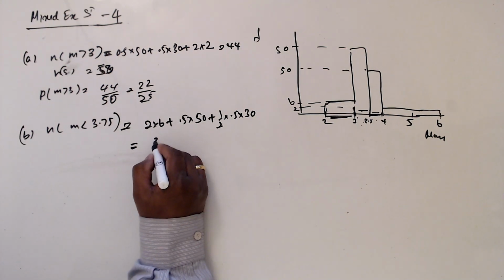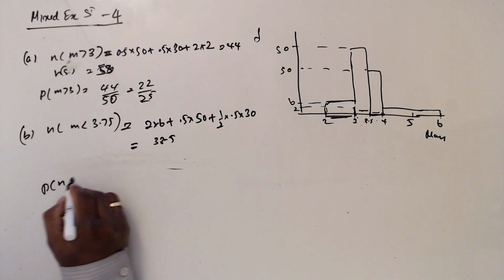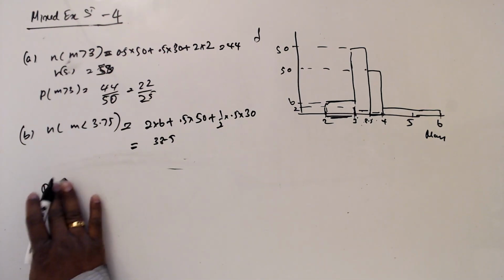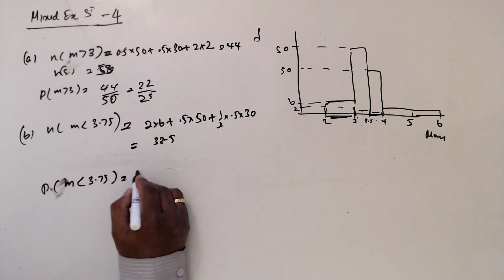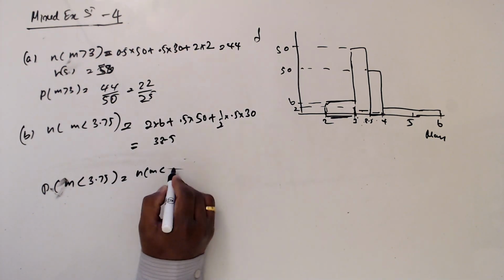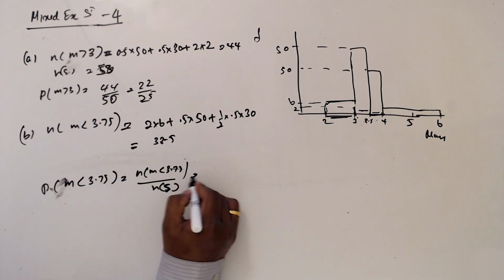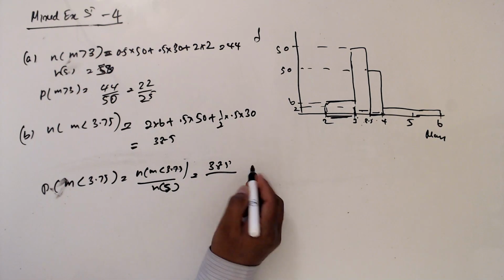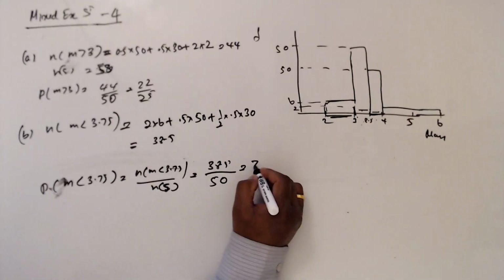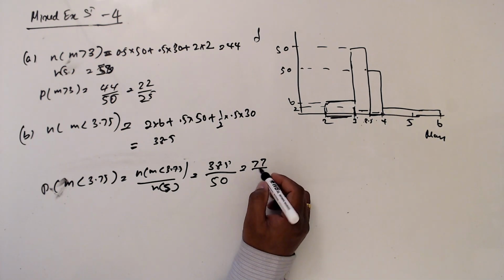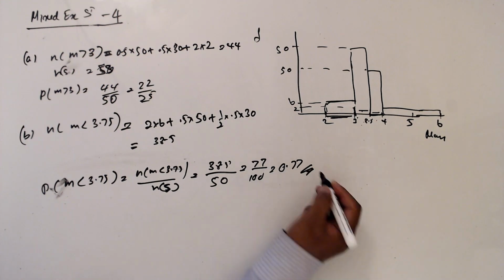This value is 38.5. Probability of M less than 3.75 is M less than 3.75 divided by total, that is 38.5 divided by 50, or 77 divided by 100, which is 0.77.